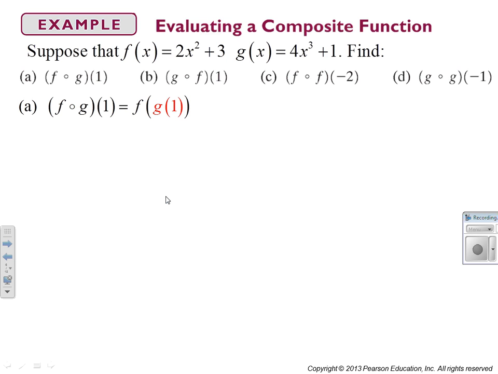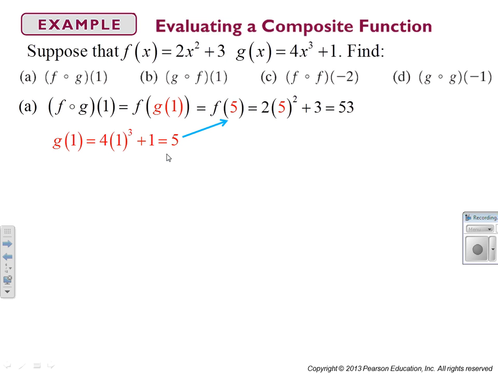So f of g of 1 is the same as plugging 1 into my g function, getting that value, and plugging that value into f. So g of 1 is 1 cubed times 4, which is 4, plus 1, which is 5. So I'm going to take that 5, plug it into my f function.